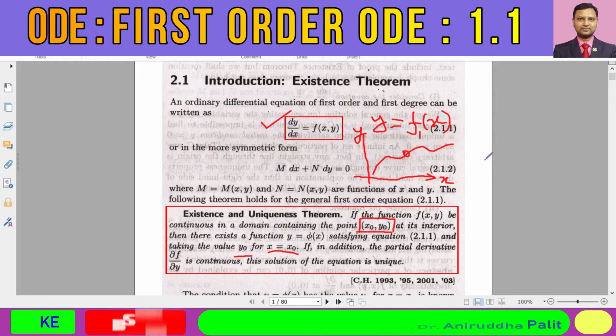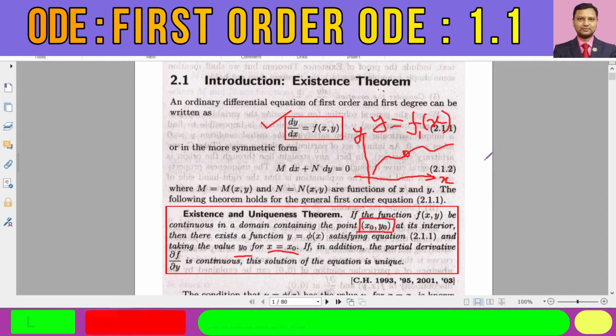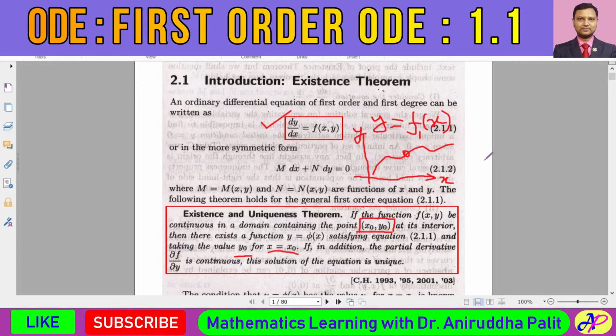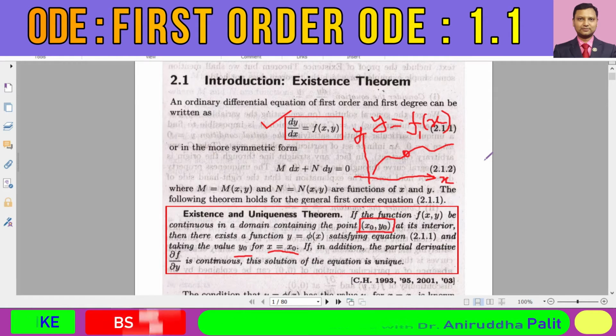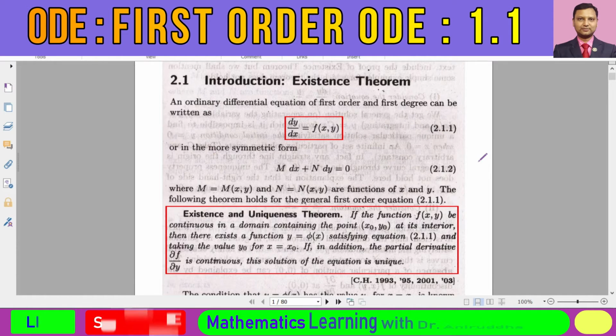This is called the existence and uniqueness theorem. I am not going into the proof of this theorem because it requires a lot of knowledge of higher-level mathematics. So this is the statement of the existence and uniqueness theorem.